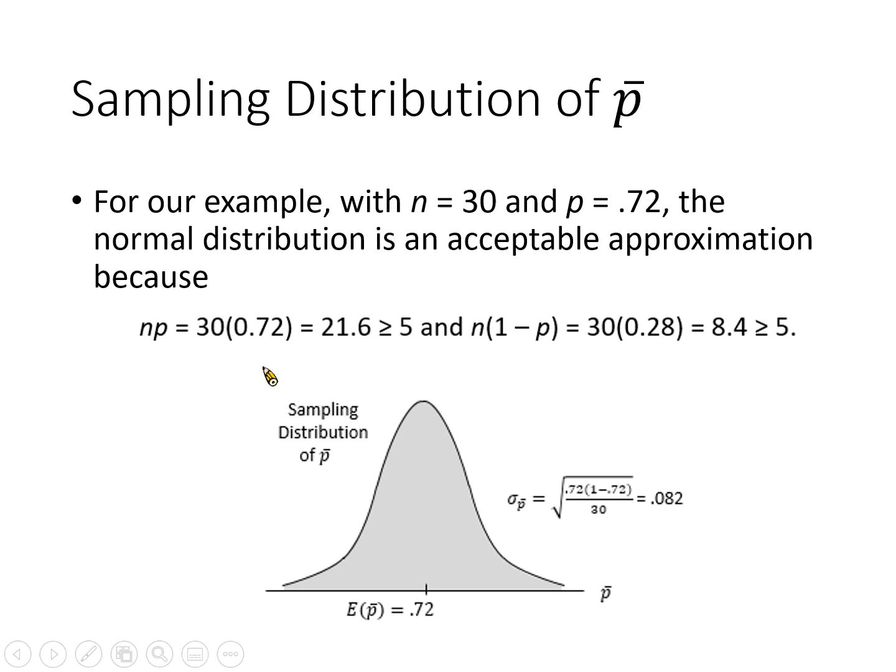The first step is to check whether this sampling distribution is normal. Here the sample size is 30 and the population proportion is 0.72, so we can use the normal distribution.